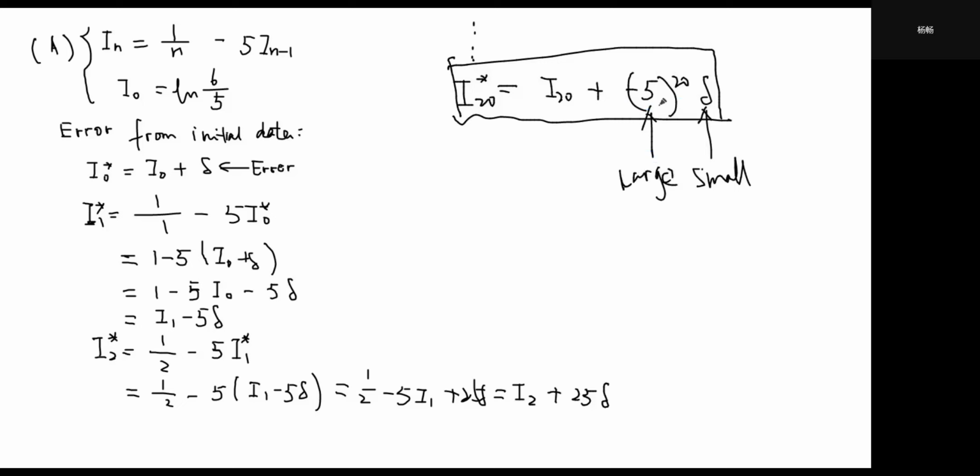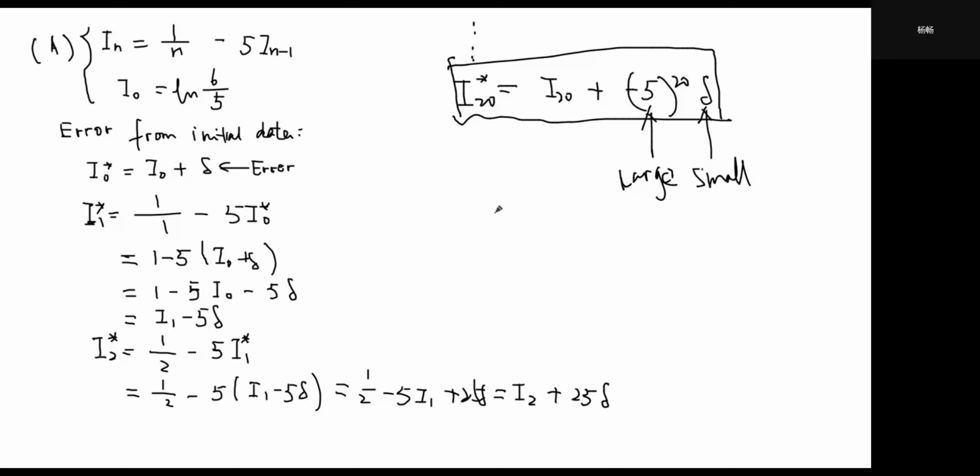So now, even though at the beginning the error is very small, however you see here this factor is too large. That means this error is amplified. So that's why finally you find a very huge difference between the exact value and the approximated value.